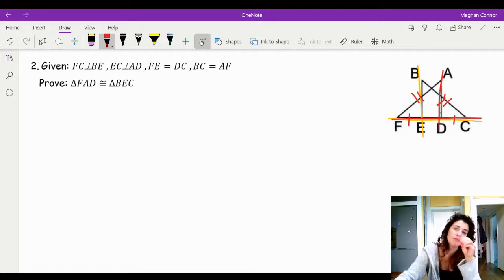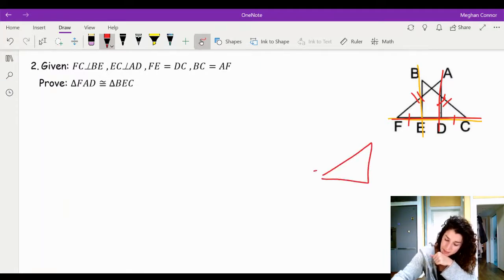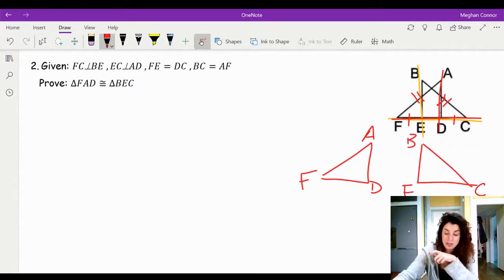This is a great example of the convenience of drawing your two triangles separately. So I'm going to draw in FAD and BEC, and I want to prove that those guys are congruent.